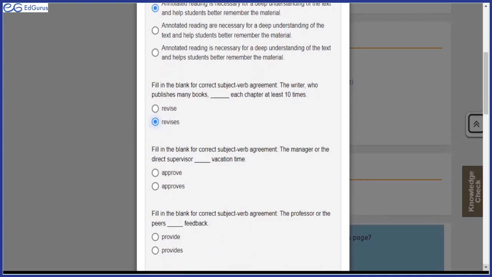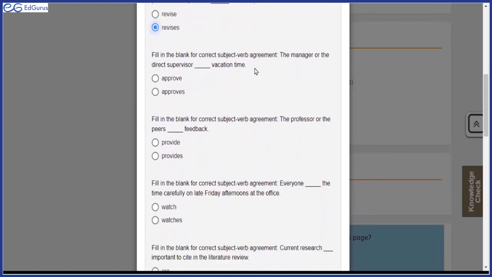Now the next. Fill in the blanks again for correct subject-verb agreement. The manager or the direct supervisor ___. Approves, right? Because it is one only, either the manager or supervisor.